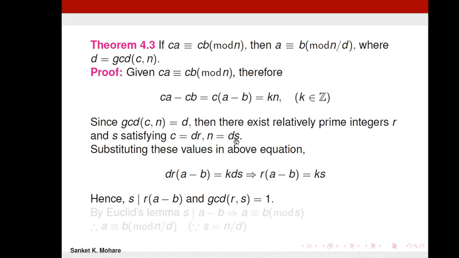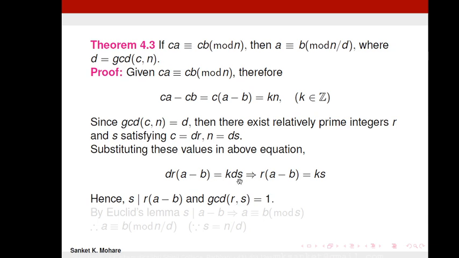Now substituting these values of C and n in this equation: value of C is dr and value of n is ds. Substituting these values in the above equation, we obtain dr into A minus B is equal to K times ds.